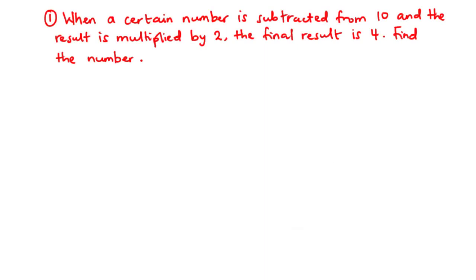So for the first example, when a certain number is subtracted from 10 and the result is multiplied by 2, the final result is 4. Find the number.